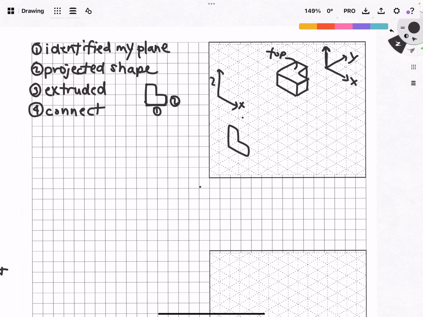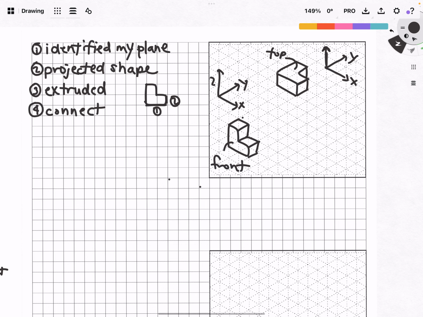I'm going to extrude along my y-axis. 1, 2, 3, 4, 5. And then I'm going to connect the back side of my shape. Okay, that's my front view.